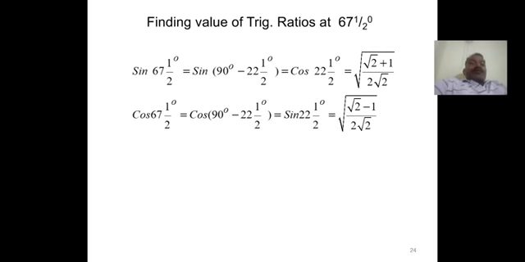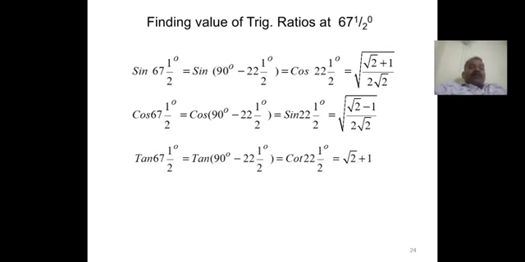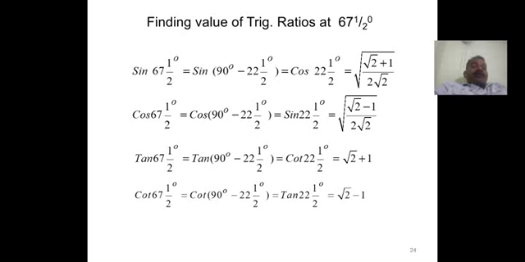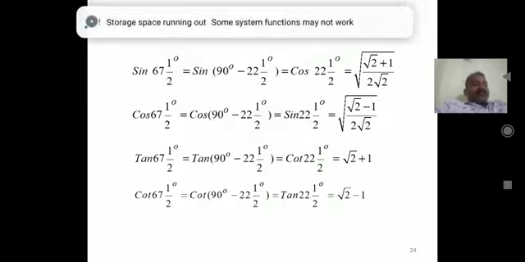Similarly, cos 67 and a half is cos (90 minus 22 and a half), that is sine 22 and a half, that is square root of (root 2 minus 1) by 2 root 2. Similarly, tan 67 and a half, that is tan (90 minus 22 and a half), that is cot 22 and a half, root 2 plus 1. Similarly, cot 67 and a half, that is cot (90 minus 22 and a half), that is tan 22 and a half, that is equal to root 2 minus 1.